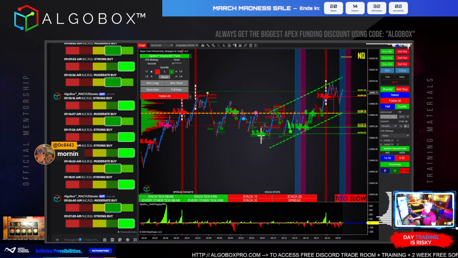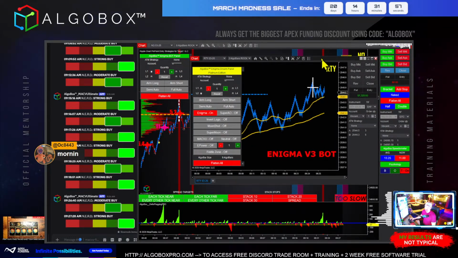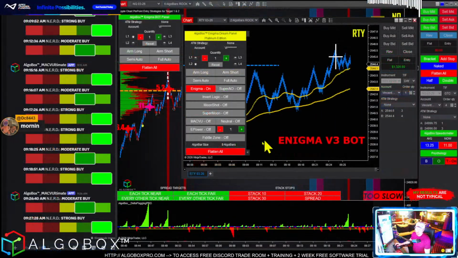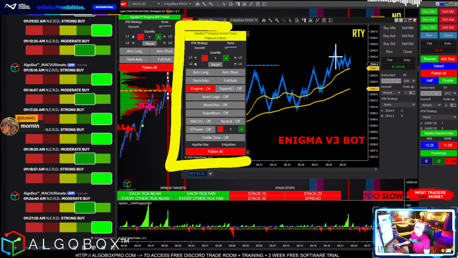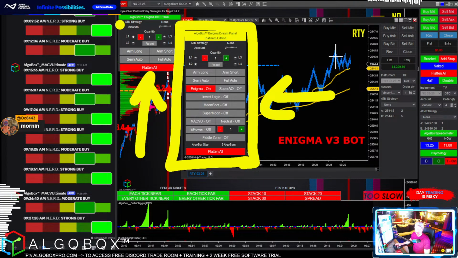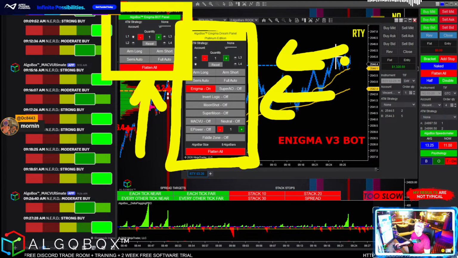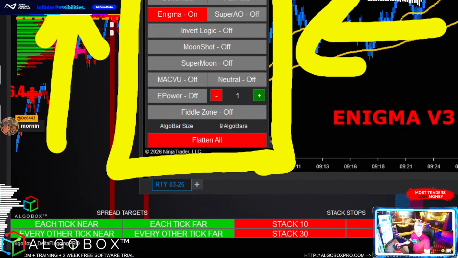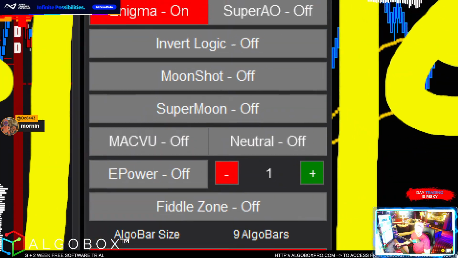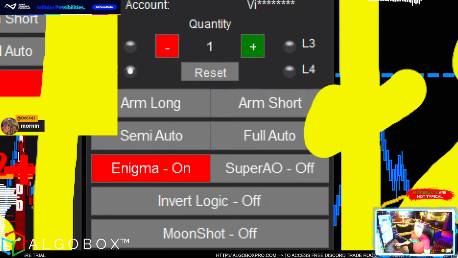Platinum goes away in April, so don't forget about that. On the NQ6, quick difference on the two. This is going to be for back to Platinum members only, so we won't even be talking about it. But you will have this one. If you purchase now, you'll be able to get this one at the end of your 18 months. Or if you want to pay it ahead of time, you can. You'll unlock all of the filtering, Fiddle Zone, MacVU, Supermoon, Moonshot, On the 6, Super AO.